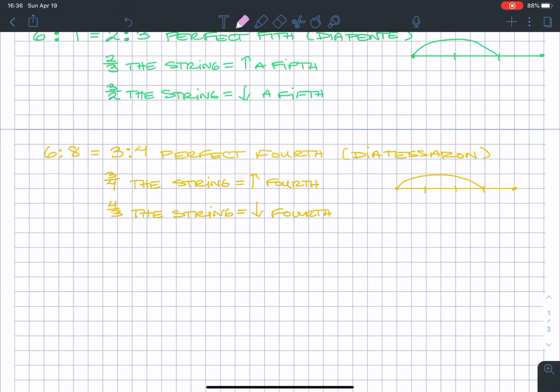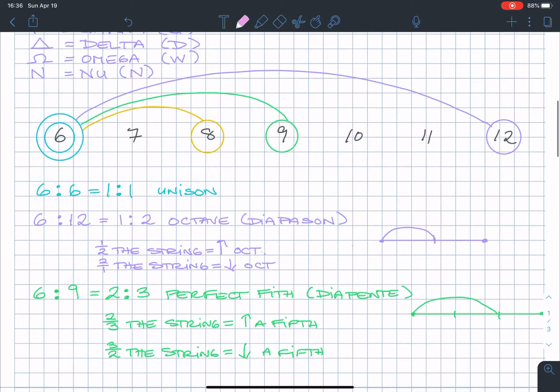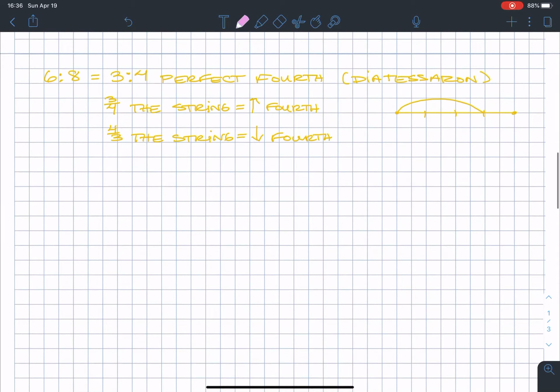Last but not least, I'll do this one in pink. Let's go from 8 to 9, shall we? So I just want to go between these two here. And that does not reduce, so 8 to 9. And that's a Pythagorean whole step.